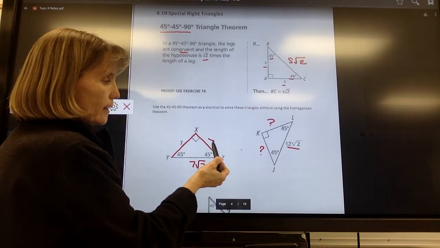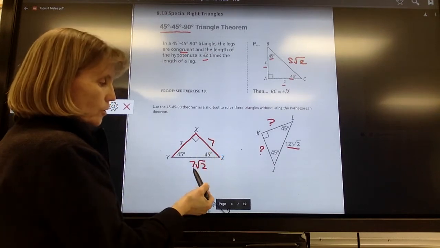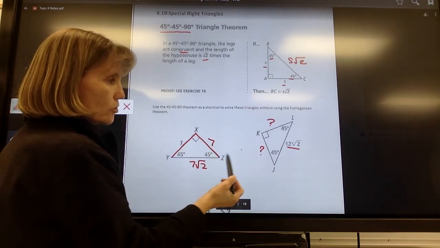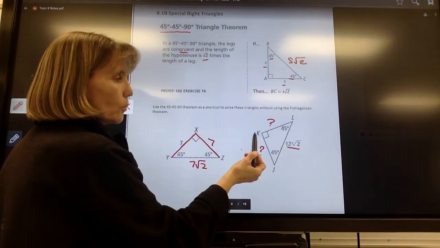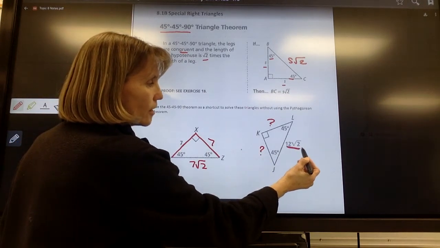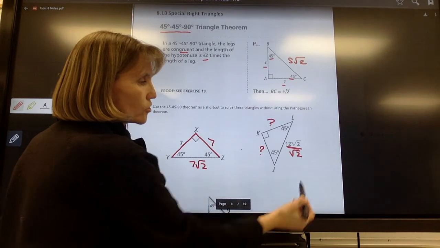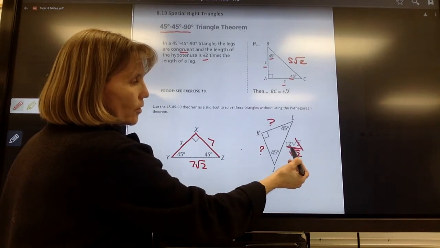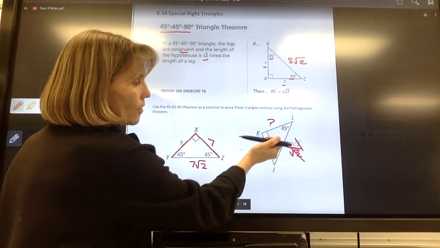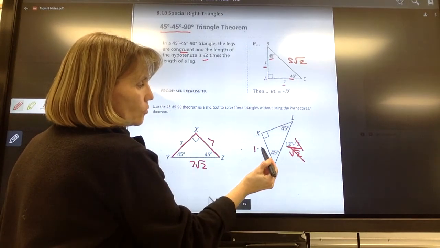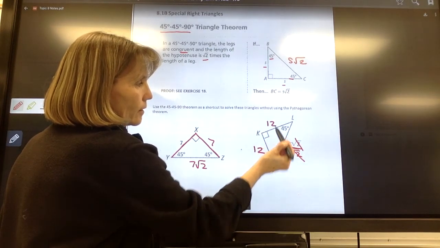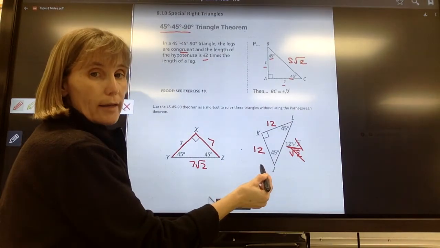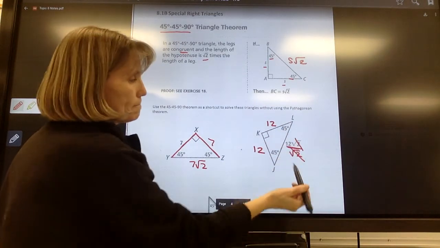When we knew the leg, we multiplied by the square root of 2 to get the hypotenuse. So when we know the hypotenuse and we want to go back, we're going to divide it by the square root of 2. We're going to undo that part. And so the square roots of 2 in the numerator and the denominator are going to cancel each other out, and the legs would be 12, and the legs are congruent. Whatever one leg is, the other leg will be the same.